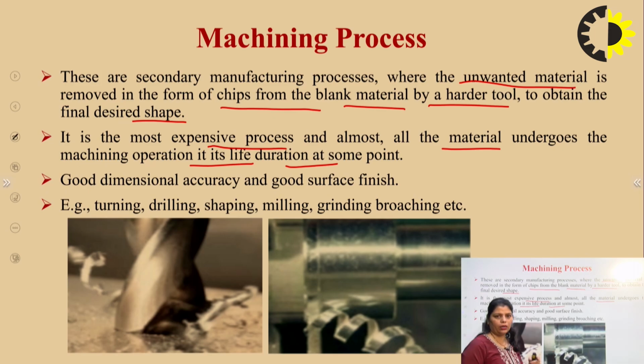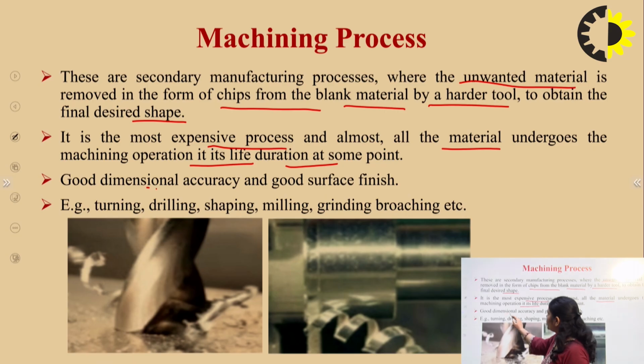In turning, we reduce the diameter of the workpiece, and the unwanted material comes out in the form of curls, known as chips. So in machining operations we provide the required shape and size by removing the unwanted material from the raw material.